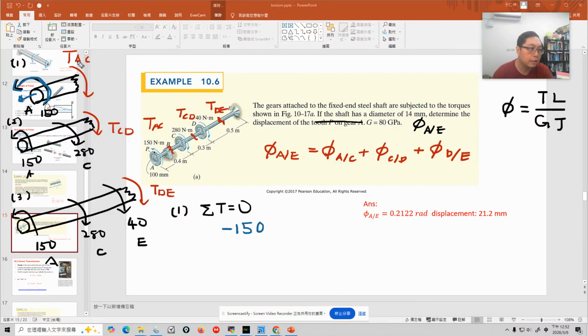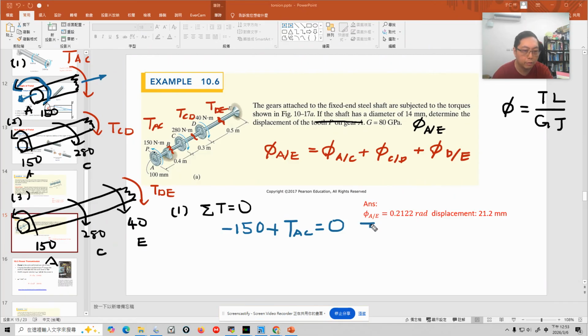For TAC, I assume it rotates in this direction. Using the right hand rule, the thumb points outward from the surface, so it's positive. That's why I assume TAC rotates in this direction, because it's positive. So plus TAC, and then it equals 0. That's the first section.